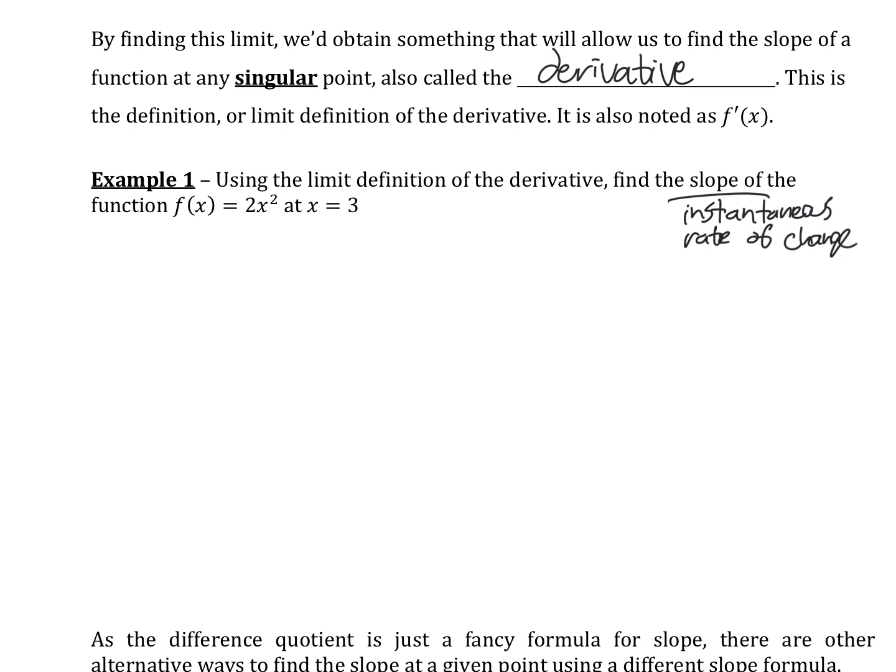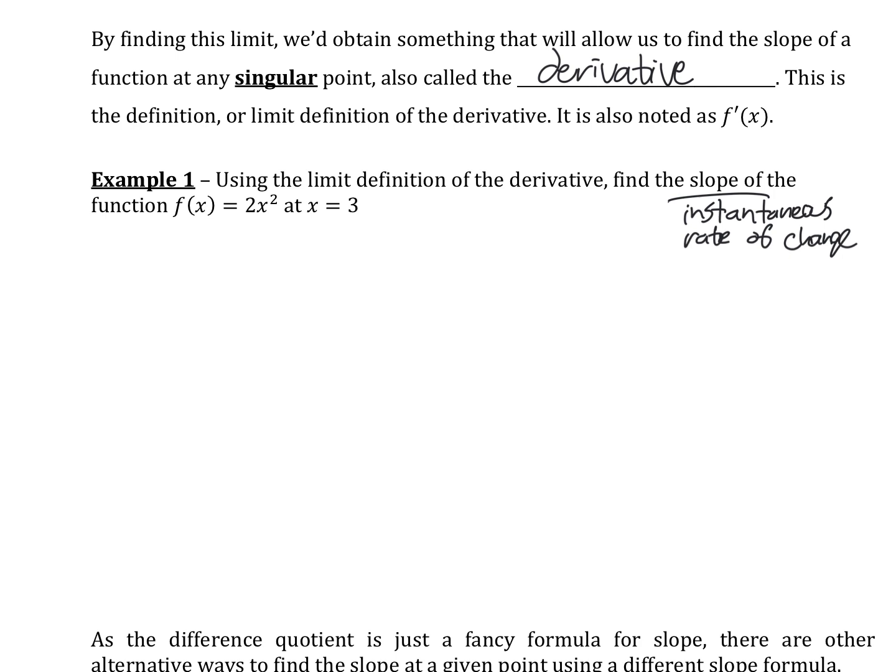Usually it's an average rate of change when we're finding the slope between 2 points, but when we do it at 1 point, it's the instantaneous rate of change. So we need to find the slope, or the instantaneous rate of change, of the function 2x squared at x equals 3. And the only way we know to do it now is to take the limit definition of the derivative of 2x squared and try to solve that.